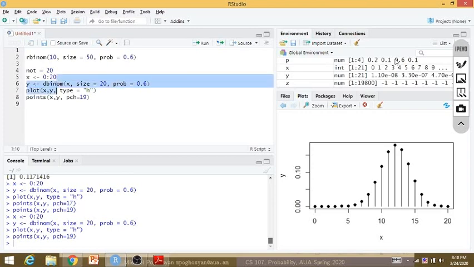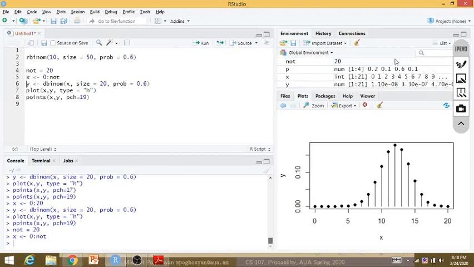So x is running from 0 to number of trials. Well, I need to run this and that. Now size is number of trials. I'm writing in this way so later I will be able to change this very easily. If I run with 10 here, then everything will be changed to 10.